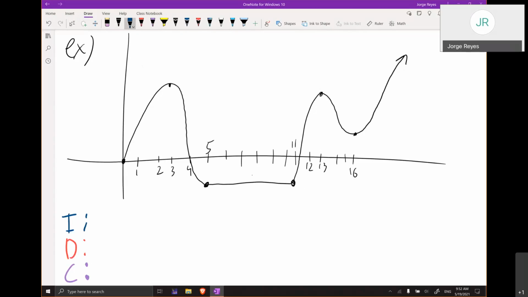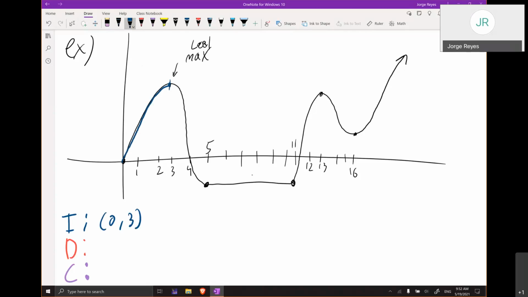So again, we always go left to right. We're going to start off increasing until we hit the top, and then this is a local max. So from 0 to 3, I'm increasing.